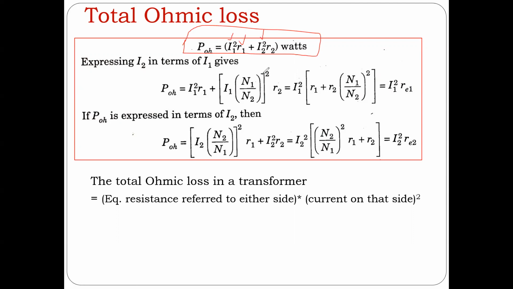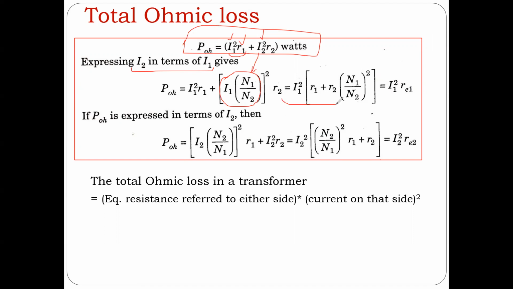Now I can express I2 in terms of I1. How can I do that? In place of I2, I can write I1 times N1 divided by N2. If I do so, this remains unchanged. Here for I2, I'm replacing it with I1 times N1 by N2.